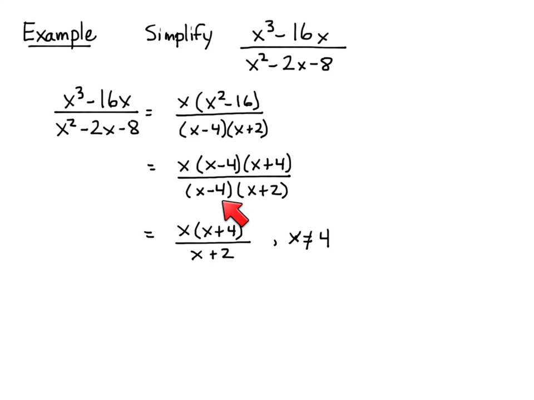If x equals 4, we have 0 over 0, which doesn't work. So this principle of canceling out factors only works when we're canceling to get to a 1, and we're not getting to a 1. We're getting to 0 over 0 if we assume that x can equal 4. It can't, and that's why we retain the domain restriction there.